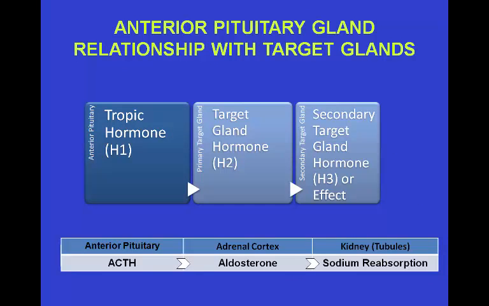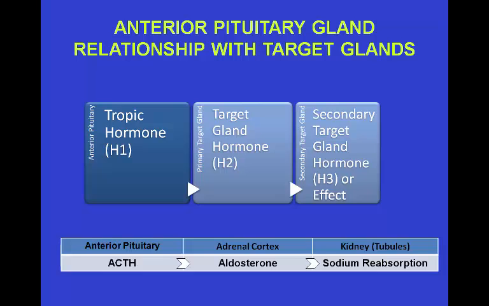This is a familiar slide by now. It shows the anterior pituitary that is going to signal its target gland to release hormones. So let's look and see the specifics. The tropic hormone number 1 comes from the anterior pituitary. This hormone is called ACTH, or adrenocorticotropic hormone.